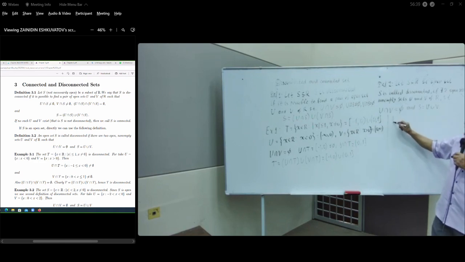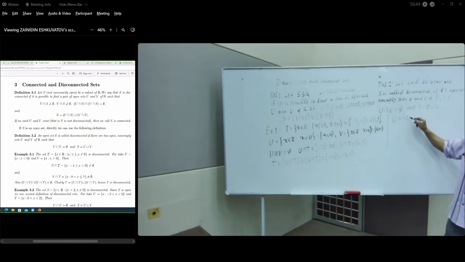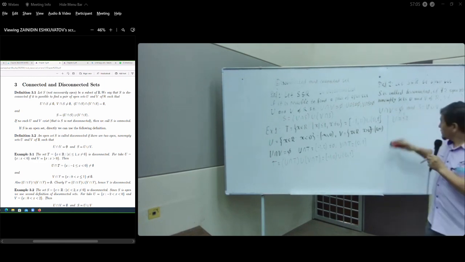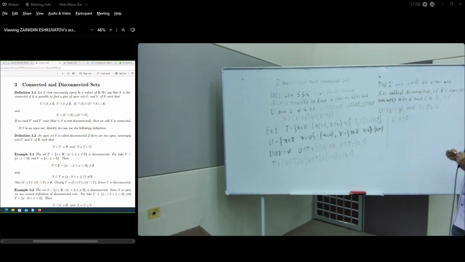So now here, look, I can take U as all the points X such that X varies from -2 and 0. Yes, in other words, I can say like this. Such X, such that X varies -2, 0.